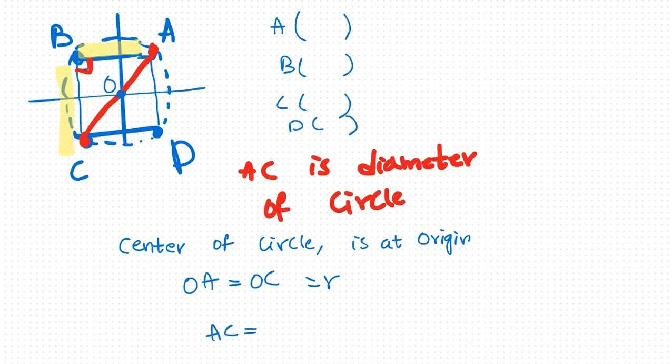Since OA is equal to OC, we divide by 2 and get root 2. Okay, side length is 4 centimeters, so AC is 4 root 2. So R will be 2 root 2. So now can you find the ABCD coordinates?